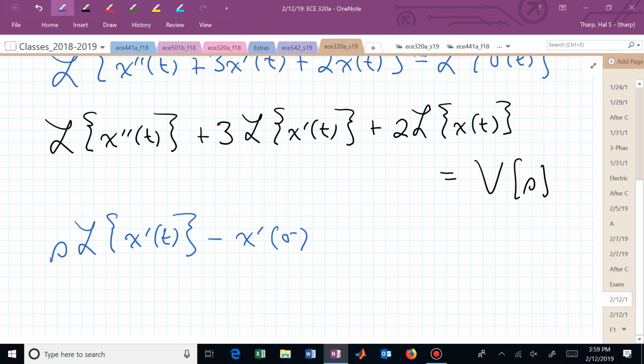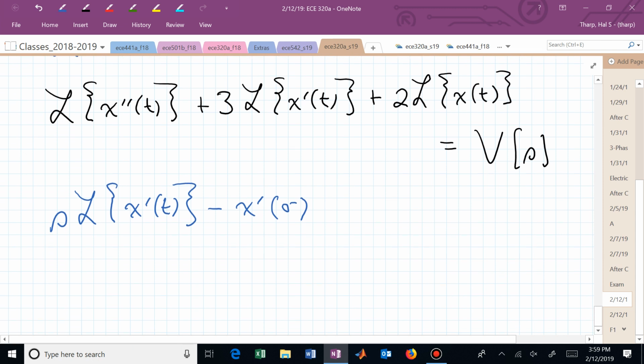We want to do one more step so that we don't have this Laplace transform of a derivative. But we can keep going with the second term and say, oh, plus 3 times the Laplace transform of a first derivative, and that directly falls out of the expression that we derived.